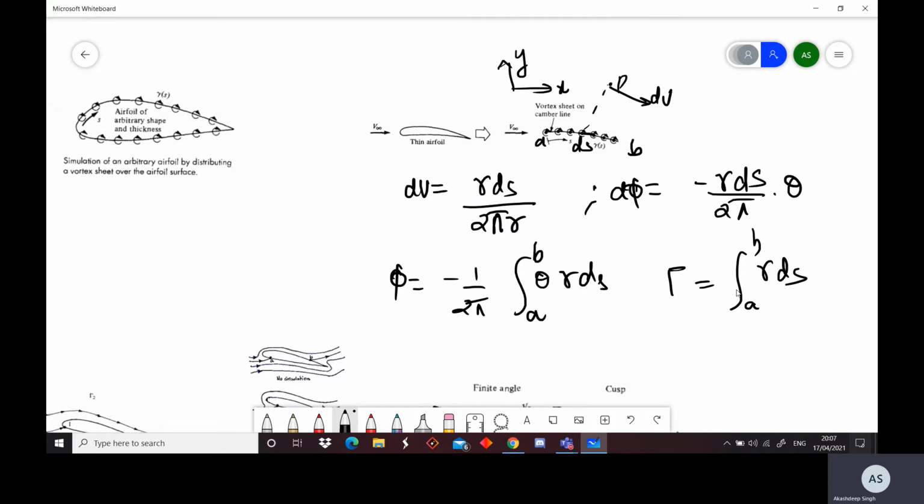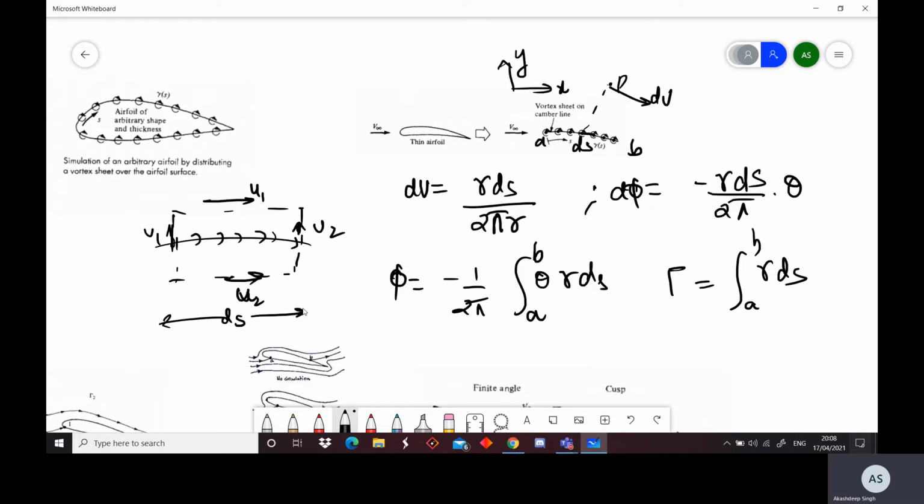Now we also know, from the definition of circulation around a dashed path, if you consider any rectangular dashed path, and let's say this is your vortex filament, and you consider this particular dashed path, and this is the u1 velocity, this is the v1, this is, let's say, the v2 induced, and this is the u2, and let's say this length is ds, and this is dn.